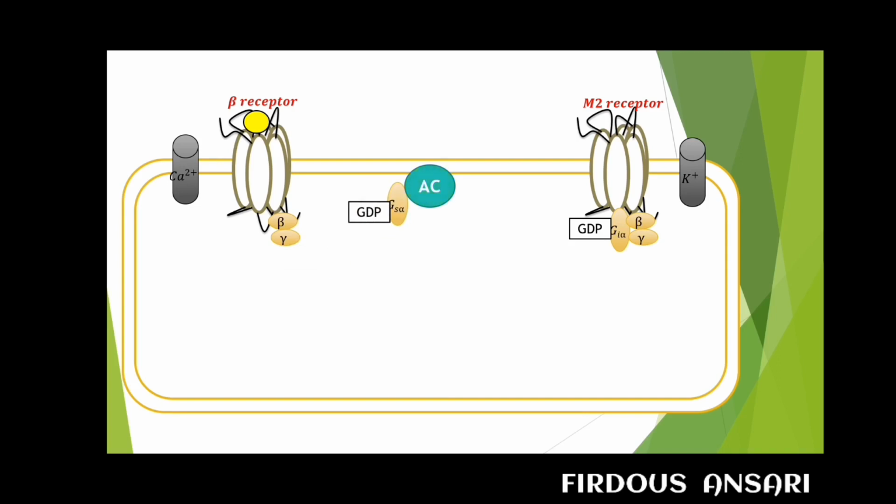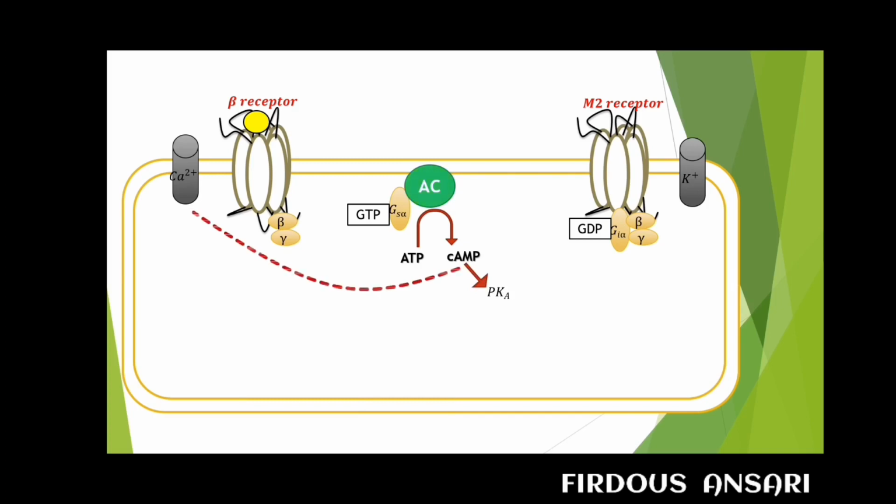When this enzyme gets activated, what will it do? ATP is hydrolyzed to cyclic AMP, and this cyclic AMP will cause phosphorylation and activate the cyclic AMP dependent protein kinase, that is PKA. Even the calcium ion is made available by entry through the calcium channels.